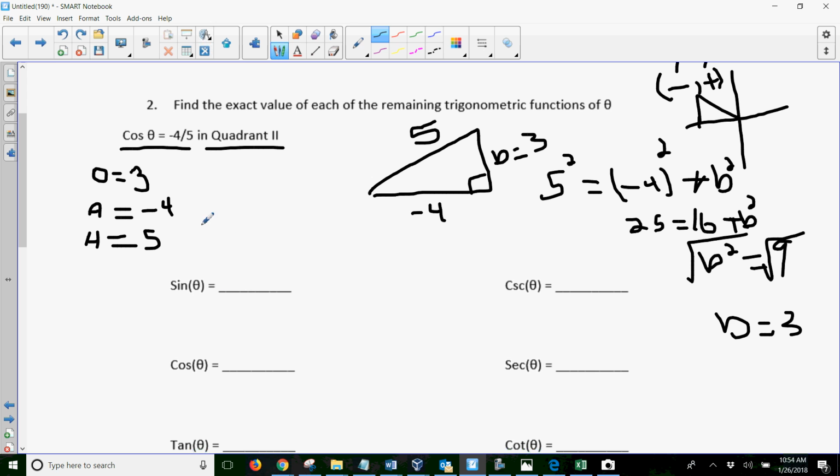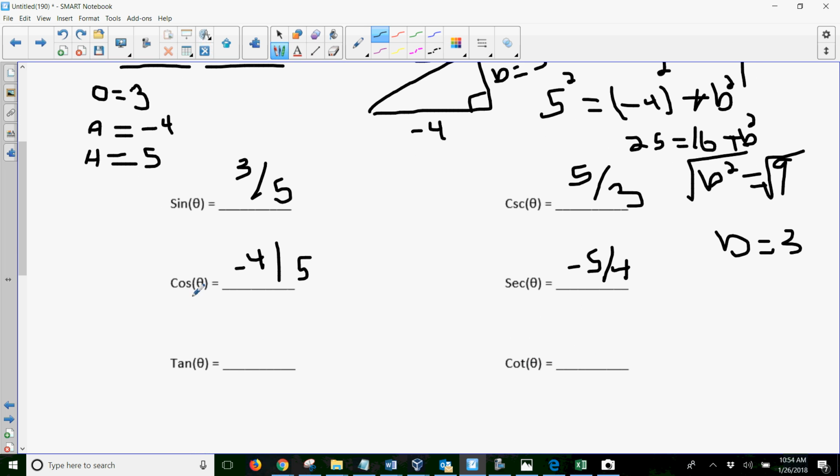So SOHCAHTOA, which is opposite over hypotenuse, would be 3/5. And then cosecant, which is 1 over sine. So remember, when we do 1 over a fraction, we flip the numerator and denominator, so this would just become 5/3. Okay. The cosine we were given was -4/5. So 1 over the cosine, which will be our secant, will be -5/4.